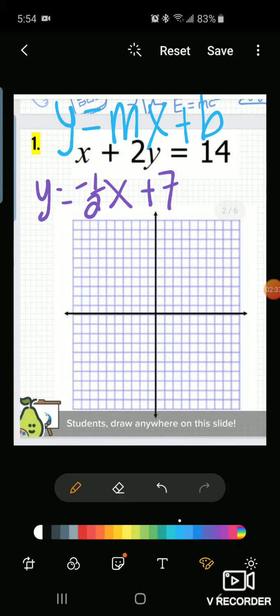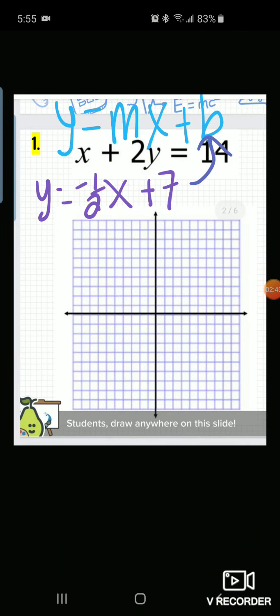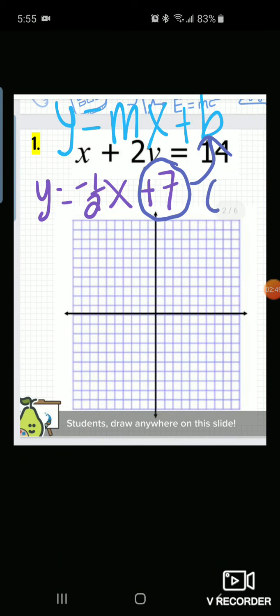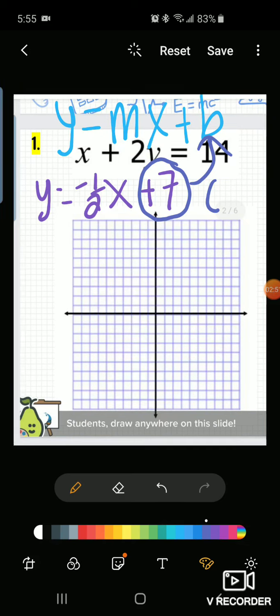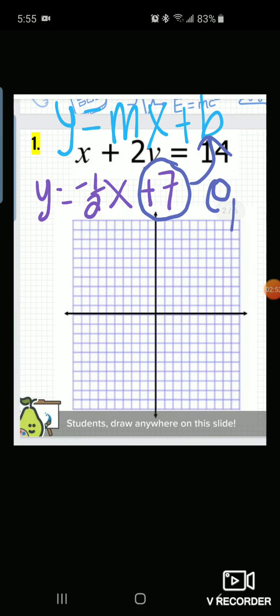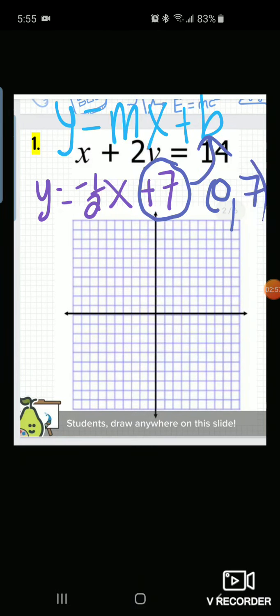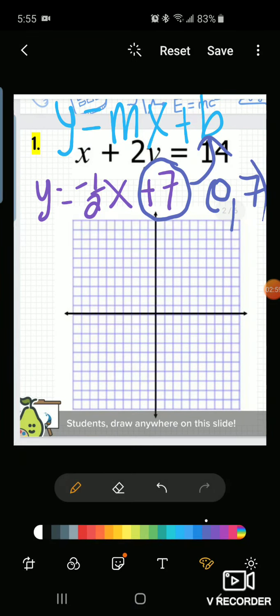Whatever number is by itself with no variable is considered a constant, and that number in the back is positive 7. We can write that as a point. When I plug 0 in for x, that negative 1/2 disappears, and we're just left with positive 7. So that's my y-intercept. Or I can just say b is equal to positive 7.